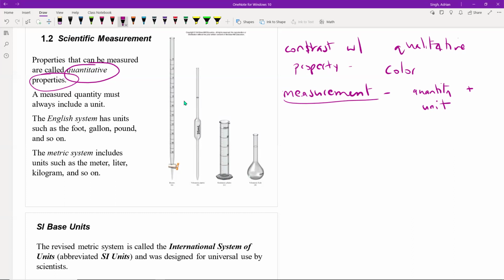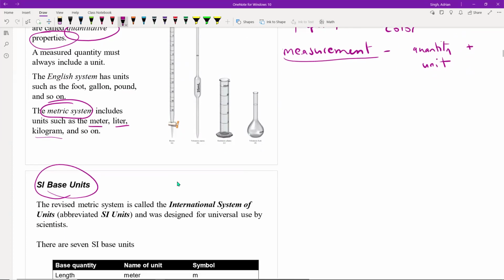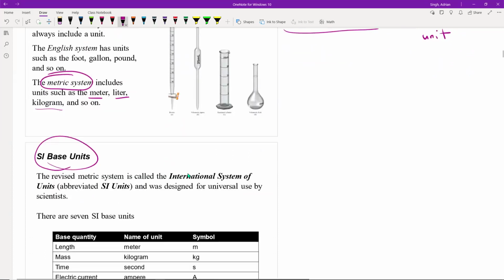There's the English system that has units of feet or gallon, pounds, quarts, ounces, etc. Whereas the metric system, which is what we're going to focus on in our class, and a derivative of the metric system called the SI system, includes units such as the meter, liter, kilogram, grams, etc. Okay, so it's not that we're not going to see the English system, but we focus a lot more heavily on the metric system in science and in chemistry in particular.